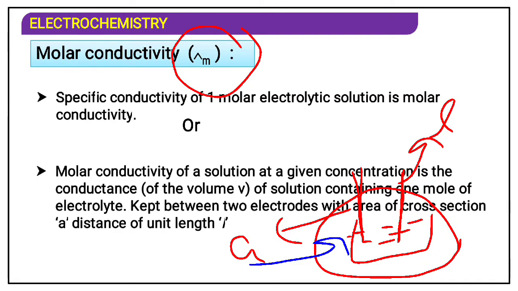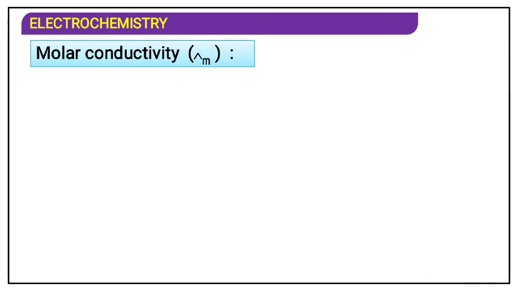You can write any definition: the conductance of a solution containing 1 mole of electrolyte, with electrodes kept at distance L and area of cross section A, is called molar conductivity.